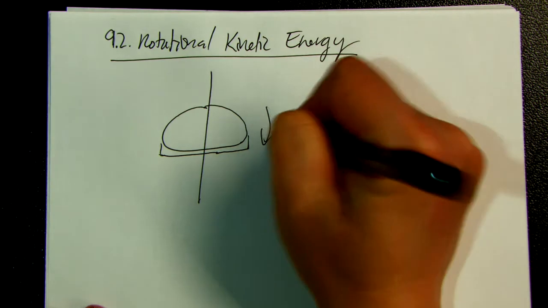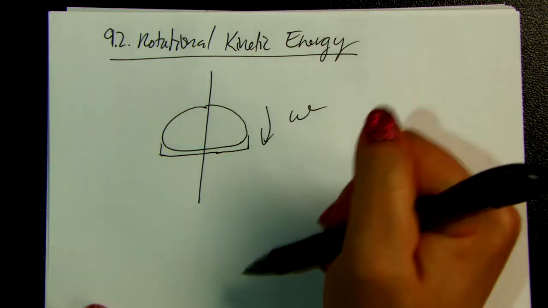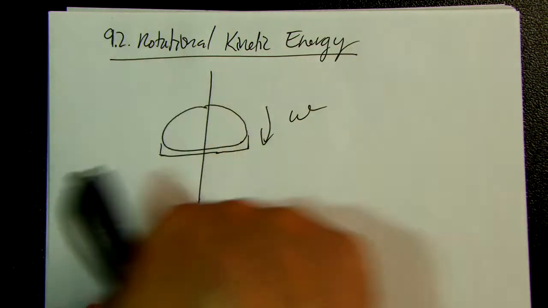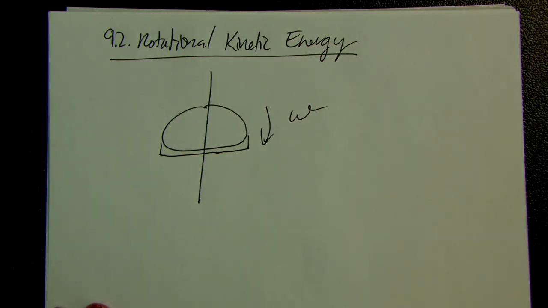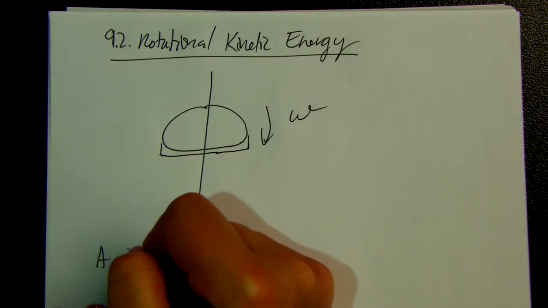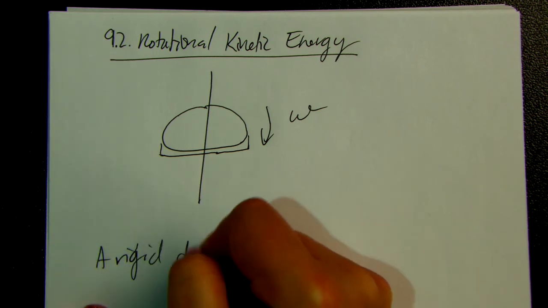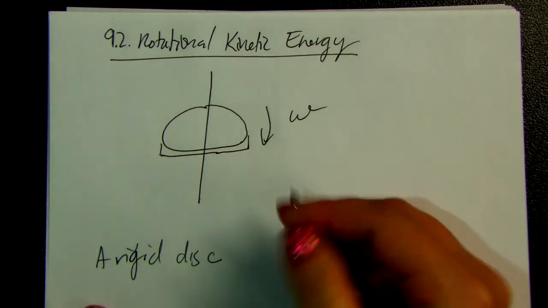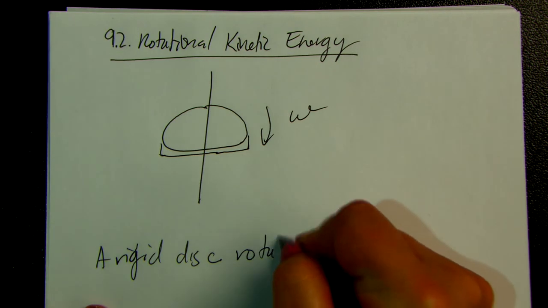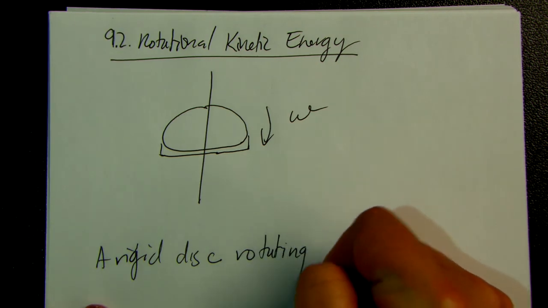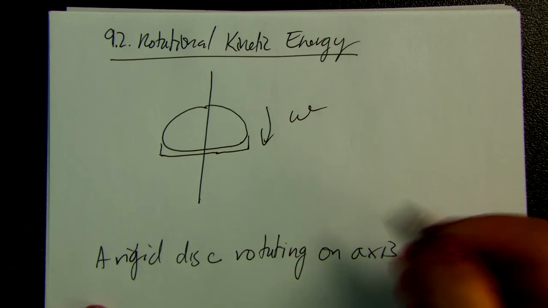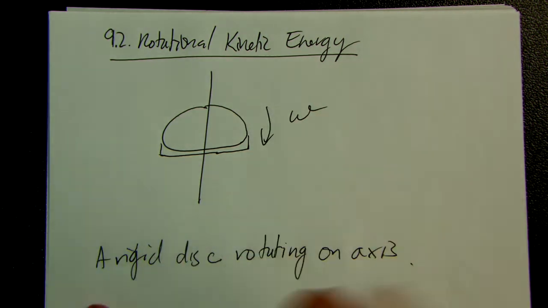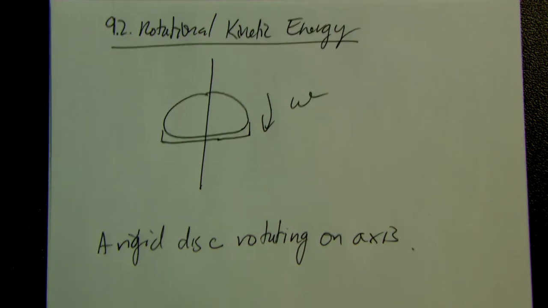For example, if we have a rigid disk rotating on its axis, it's spinning around, right round, baby, right round, but it's not translating in any way. So it does not have translational kinetic energy, but it does have rotational kinetic energy.